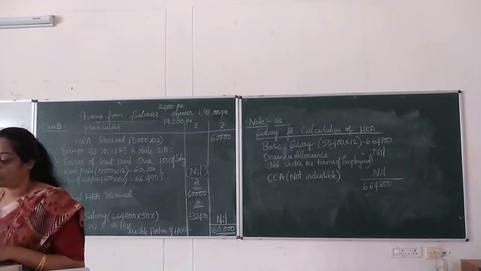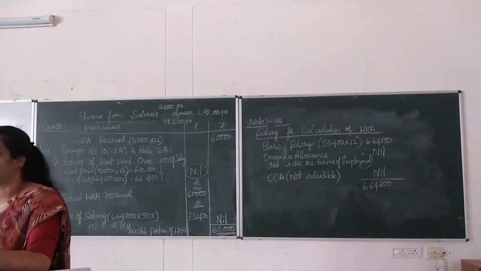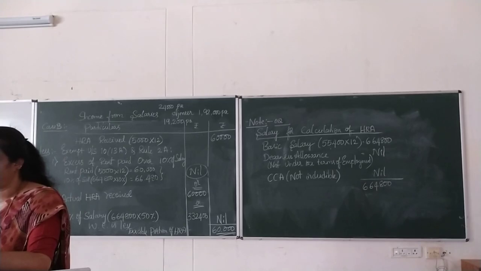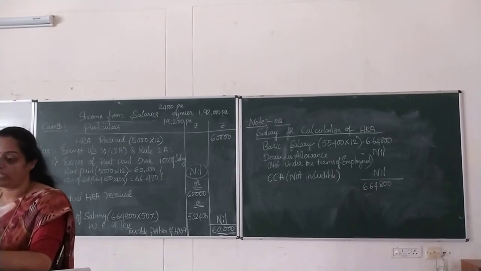Okay, so I'll explain what it is. X is a resident of Ajmer. That means 40% of salary applies. Next, he receives 1,92,000 per annum as basic salary during the previous year. In addition, he gets 19,200 per annum as DA.